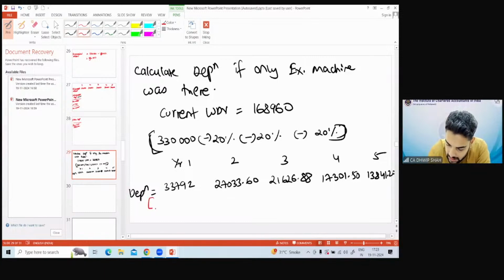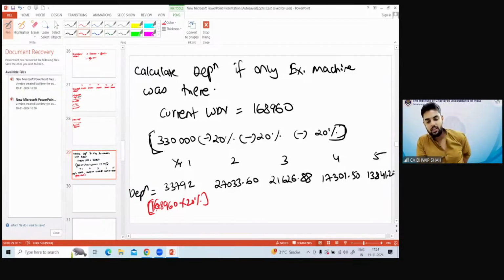So we will start with 168,960 for year 1. Had the existing machine continued, my depreciation would be 20% on 168,960. Yes or no?